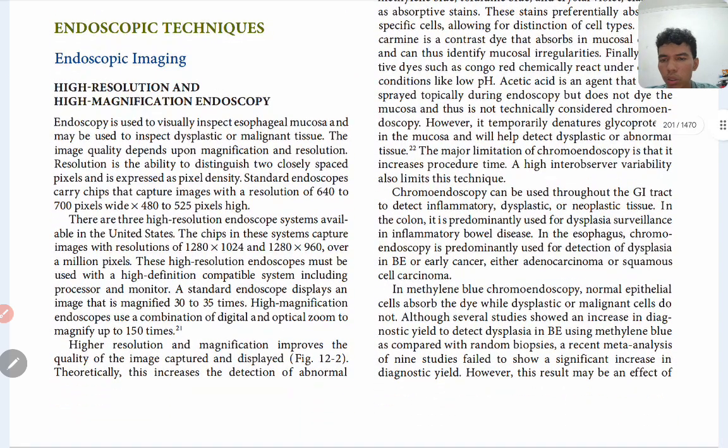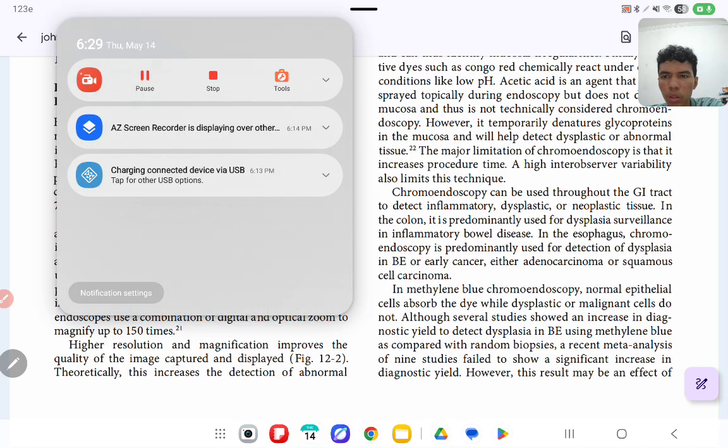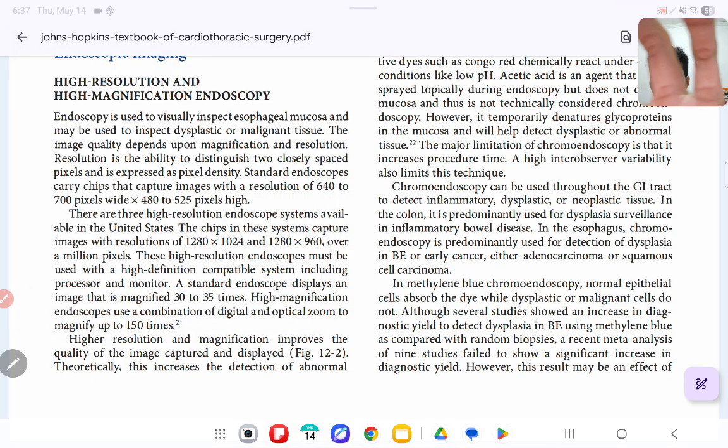There are three high-resolution endoscope systems available in the United States. The chips in these systems capture image resolution of Full HD and over a million pixels. These high-resolution endoscopes must be used with a high-definition compatible system, including processor and monitor.